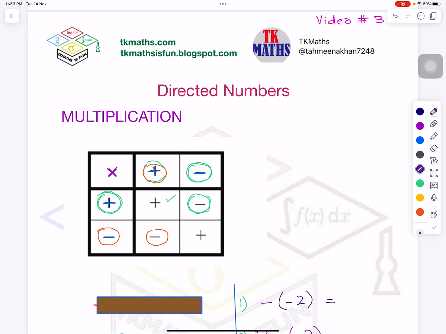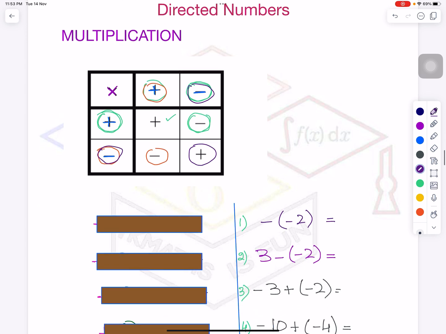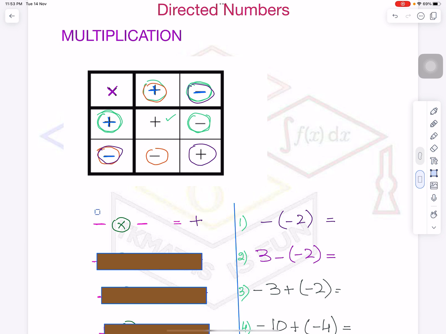Or minus multiplied by minus, the answer is plus. So in short, if I want to write this in horizontal form, I can say minus multiplied by minus, answer is plus. Or if I want to say plus multiplied by plus, answer is plus.